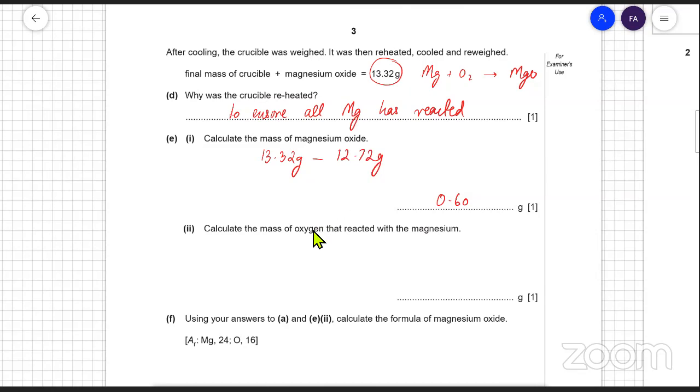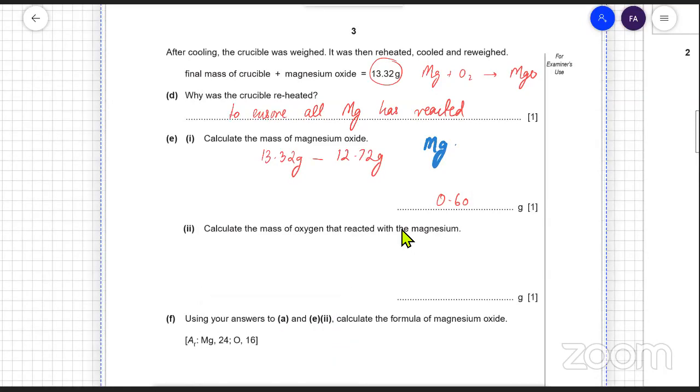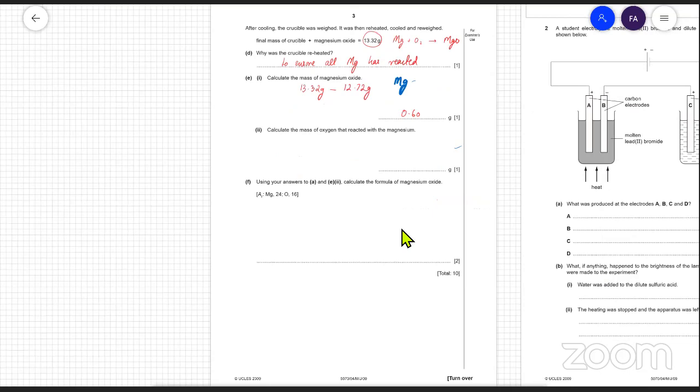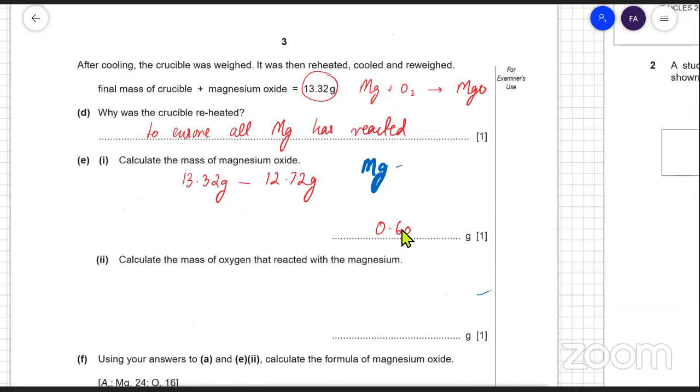And now you're being asked to calculate the mass of oxygen that reacted with the magnesium. Previously we have already found out that the mass of magnesium was 0.36 grams.